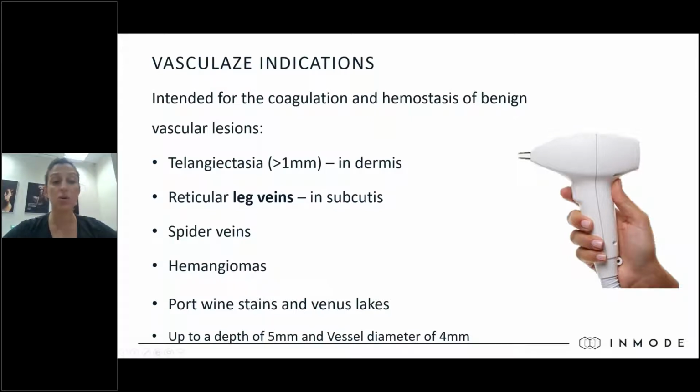You can also work on port wine stains and venous lakes and stuff like that. But the limiting factor here is depth of penetration and the diameter of the vessel. Not deeper than 5 millimeters and not bigger than 4 millimeters in diameter. These are the limiting factors that we're dealing with when using the Vasculaze.